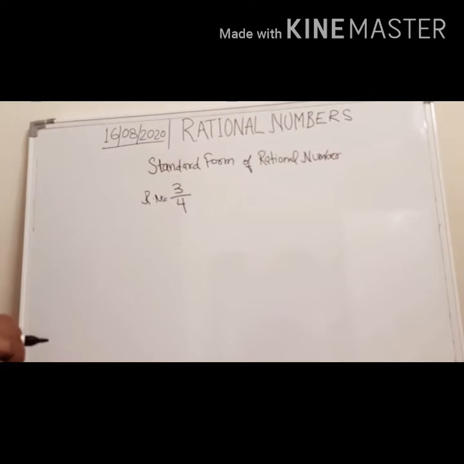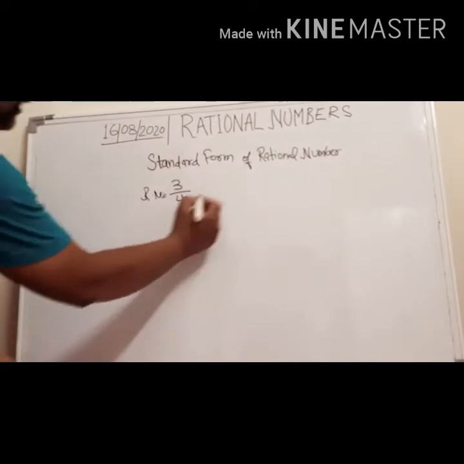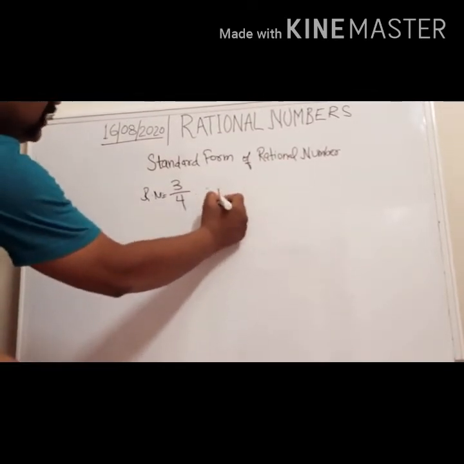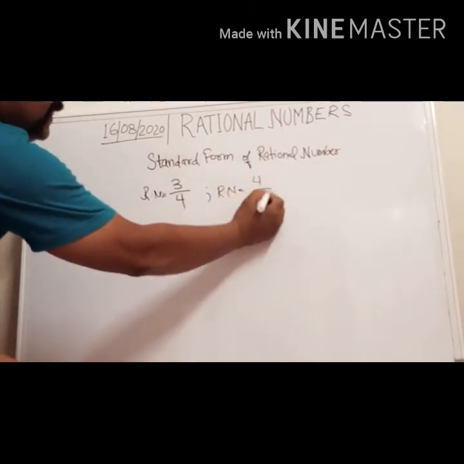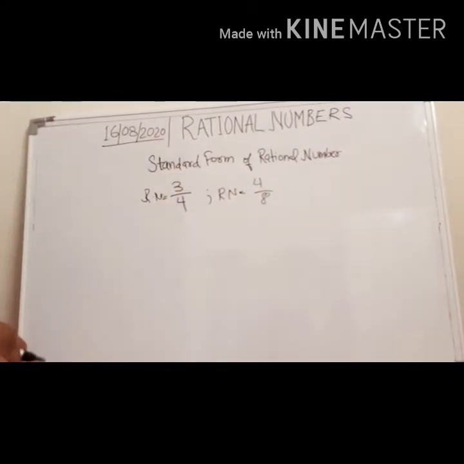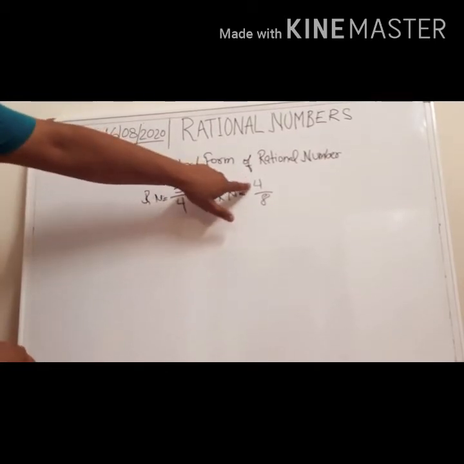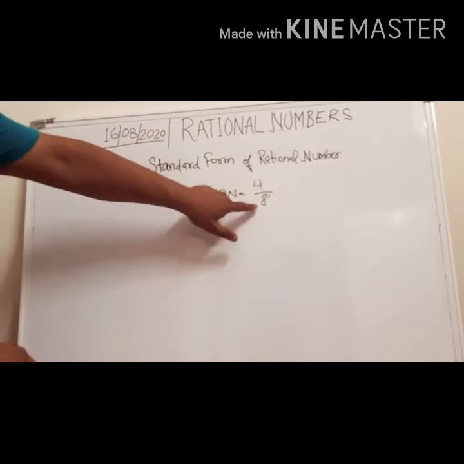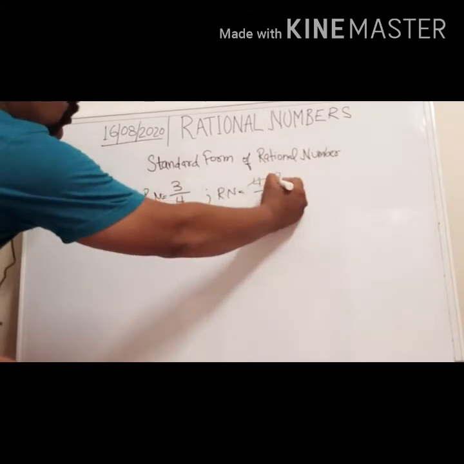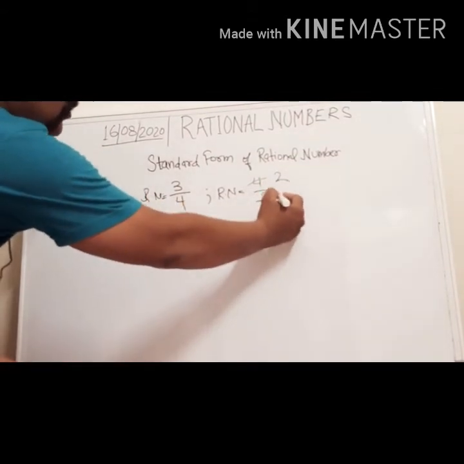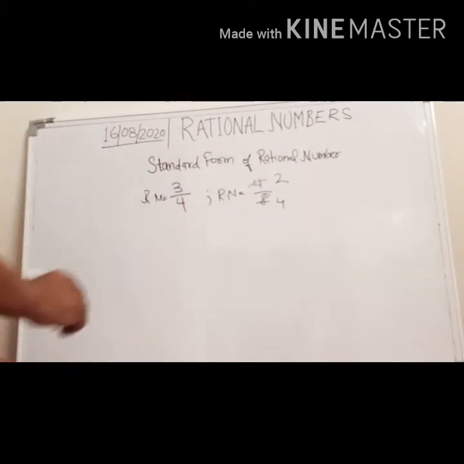Suppose we take another rational number, 4 by 8. The numerator can be divided by 2 and the denominator can also be divided by 2. So both numbers are common in the table of 2. 2 2s are 4 and 2 4s are 8.